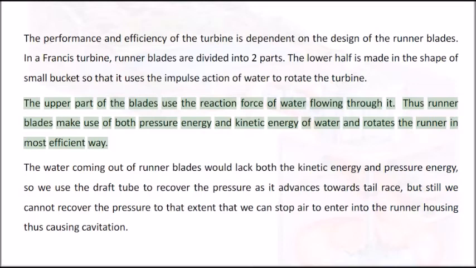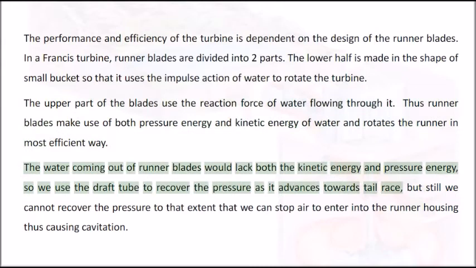Thus runner blades make use of both pressure energy and kinetic energy of water and rotate the runner in the most efficient way. The water coming out of runner blades would lack both the kinetic energy and pressure energy, so we use the draft tube to recover the pressure as it advances towards the tail race.